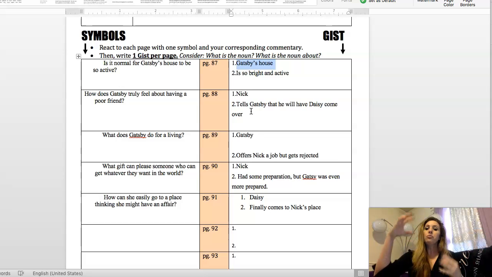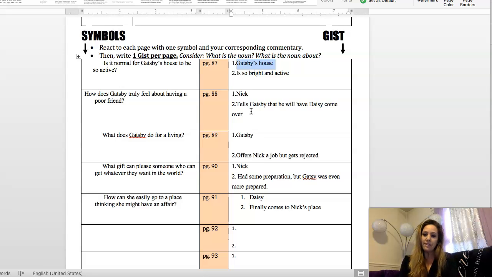So this student had to read the conversation and process what was going on and be able, in his own words, to get to the root of it and the nutshell of what occurred. And that is what occurred. But beyond that, I love his question he's asking. How does Gatsby truly feel about having a poor friend?